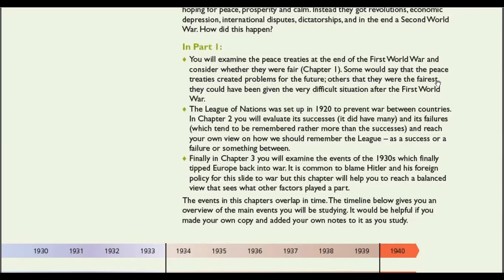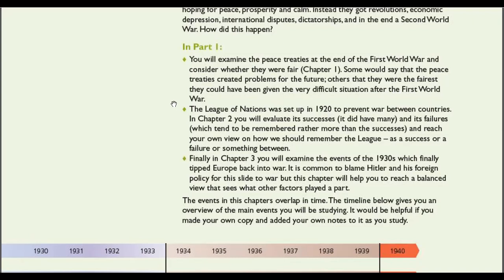Others say that they were the fairest they could have been given the very difficult situation of the First World War. There was destruction of homes, people left their places, everything was destroyed, and this had an effect on the people.